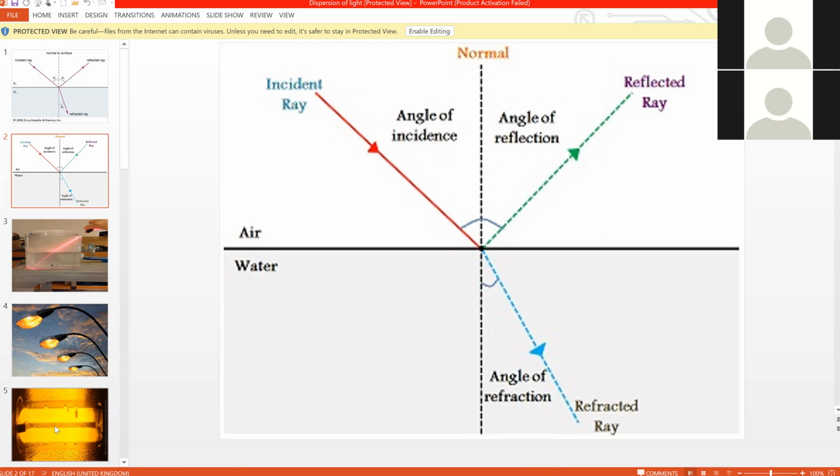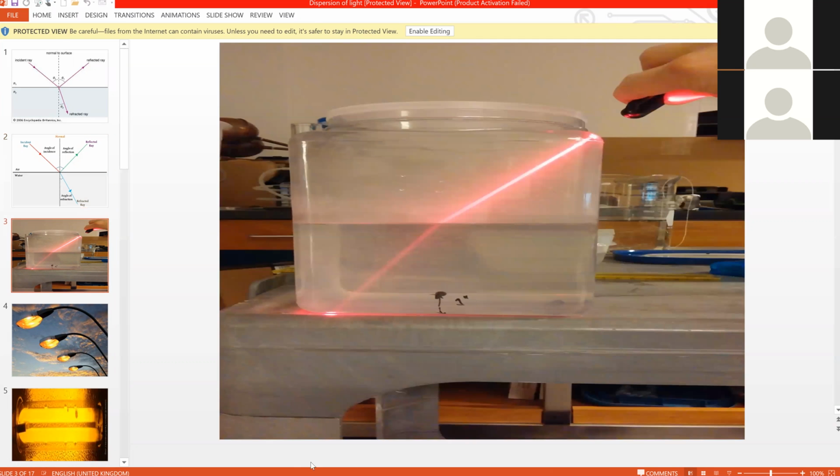For example, you can see this picture. Light is passed from the air medium to the glass medium, and inside that again there is water.